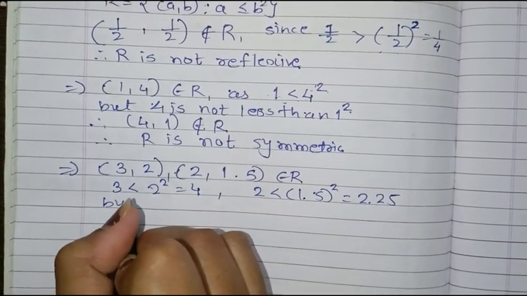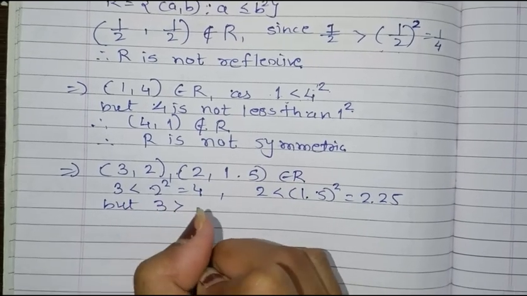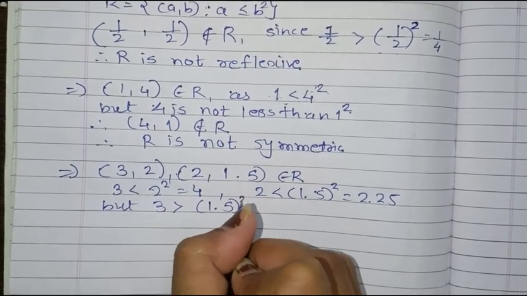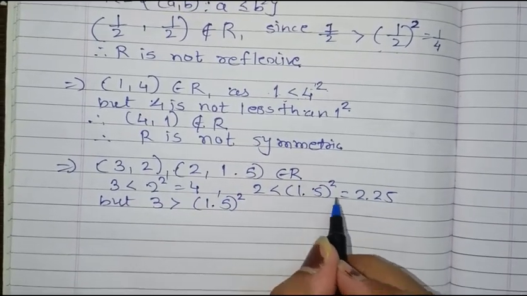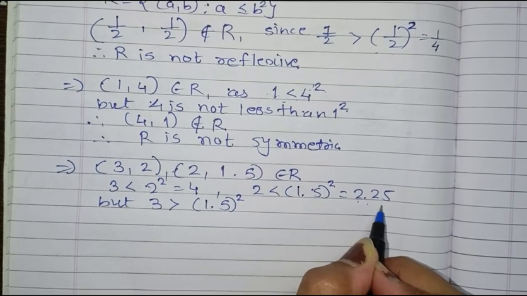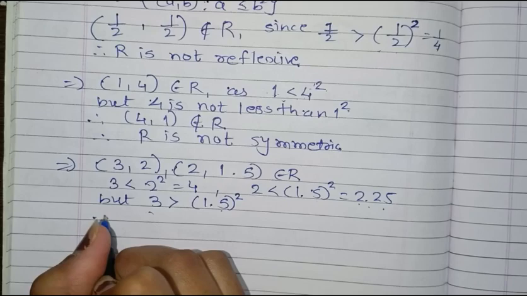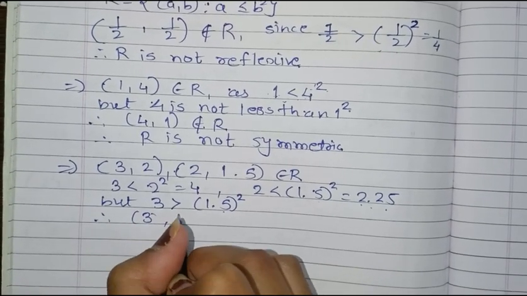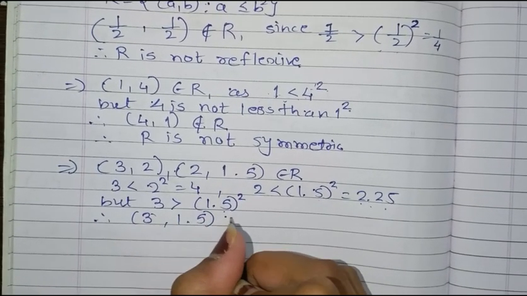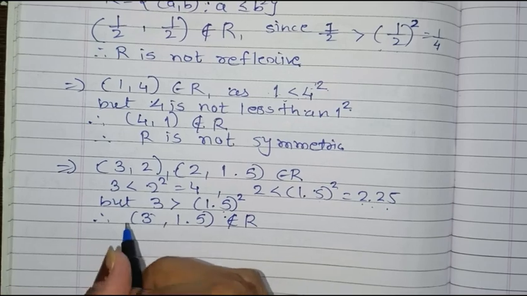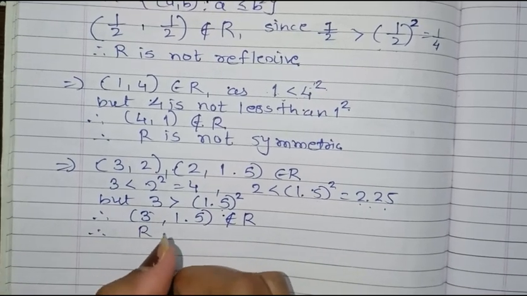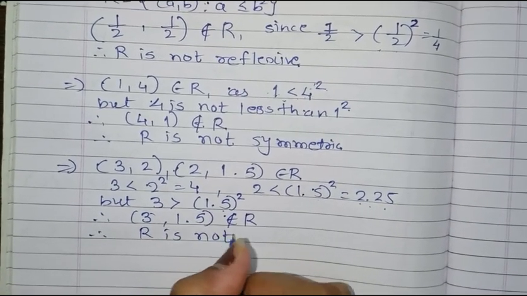But 3 is greater than 1.5 square, we already know that 1.5 square is 2.25, which is less than 3. Therefore, (3, 1.5) does not belong to R. Hence, R is not transitive.